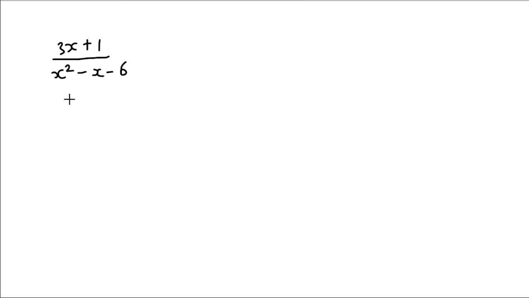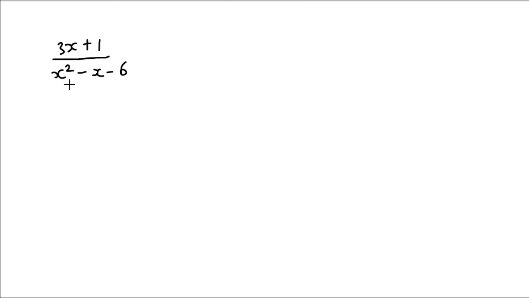How do we decompose it? First of all, we study the denominator. We said study the denominator, find out its nature. Do we have quadratic factors? Do we have repeated factors? Do we have linear factors?